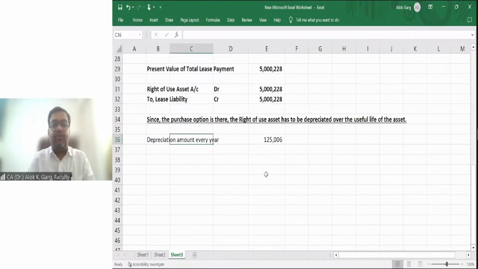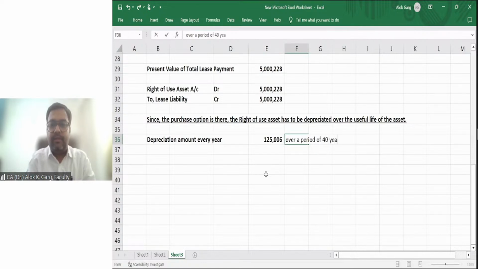So you have to depreciate 1,25,000 over a period of 40 years, which is the useful life of the property.